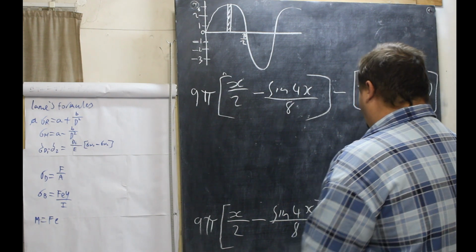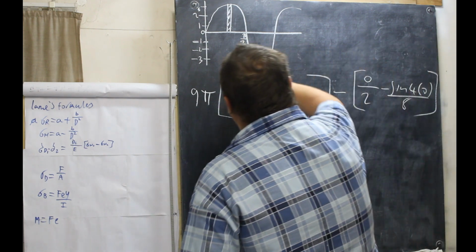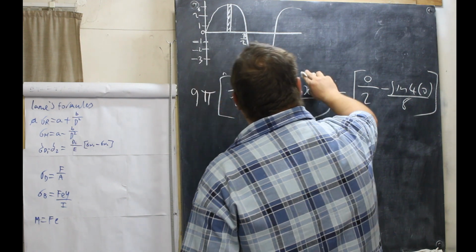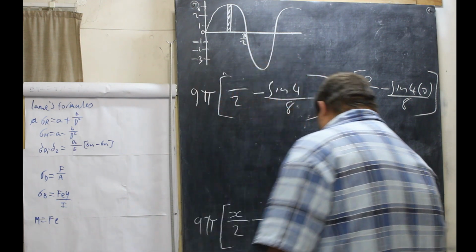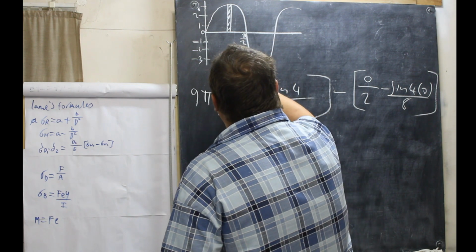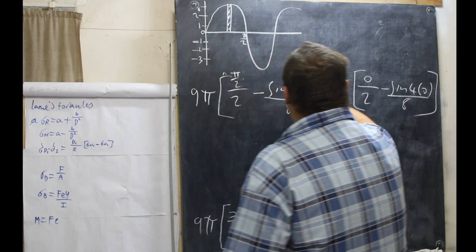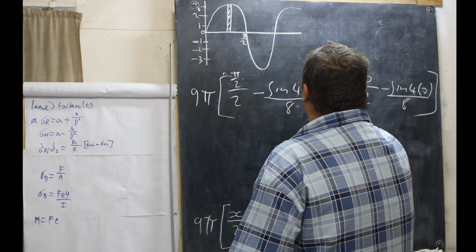Right, so now where there's an x, we put pi over 2.